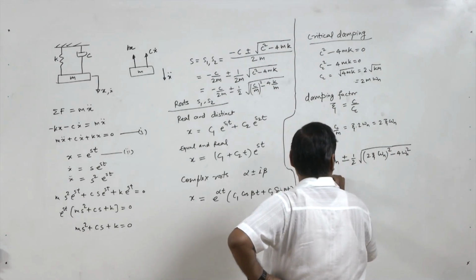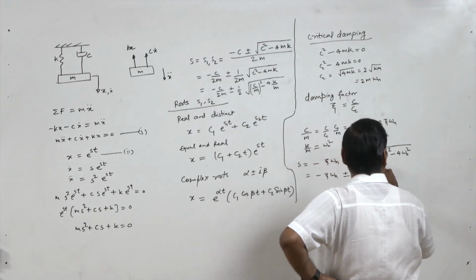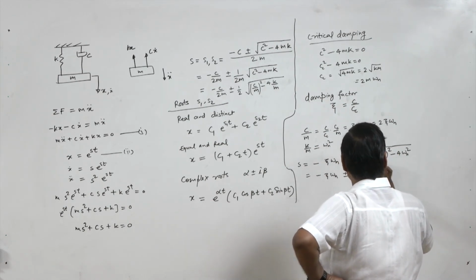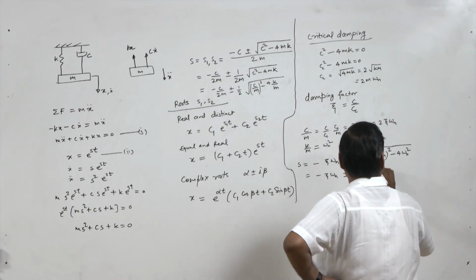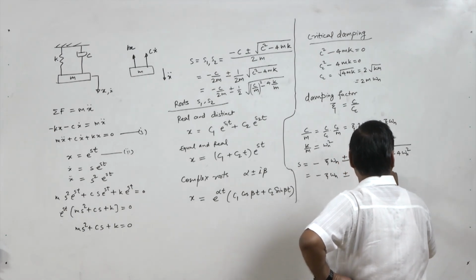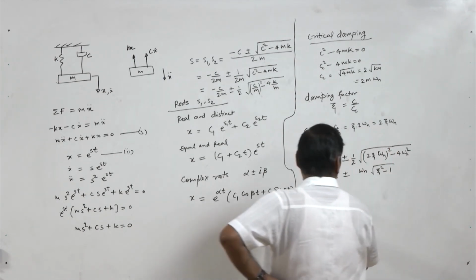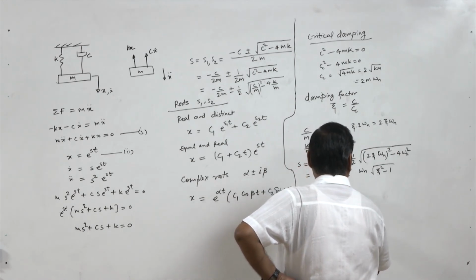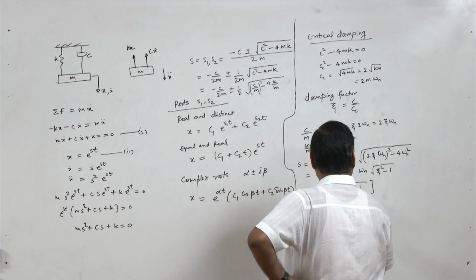So here we will get minus zeta omega n plus minus 1 by 2, and this is 4 and this is 4, so 2 will come out and it will cancel out, and omega n square, omega n will come out, so this will be omega n root zeta square minus 1. So here we can write equal to minus zeta plus minus under root zeta square minus 1 times omega n.